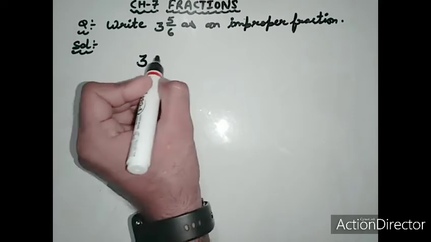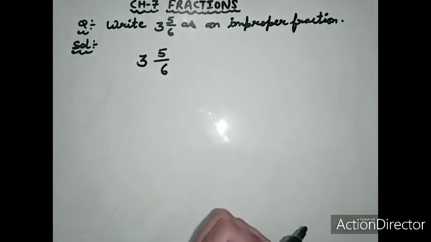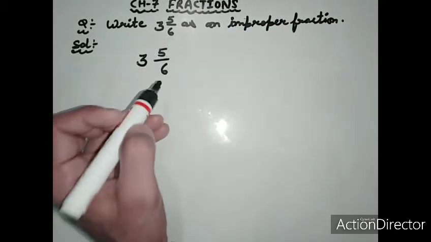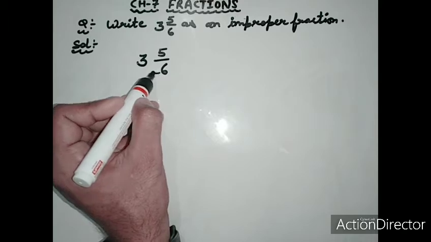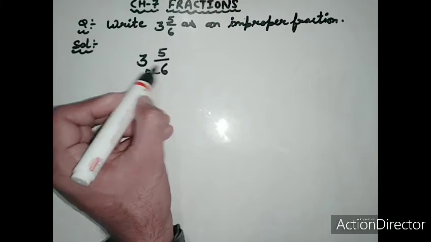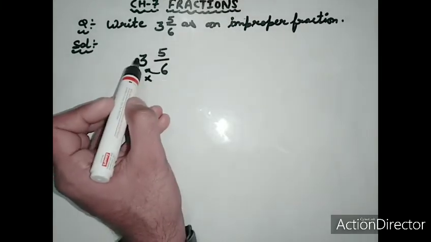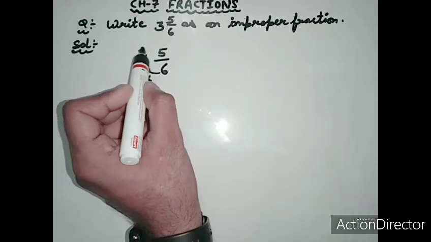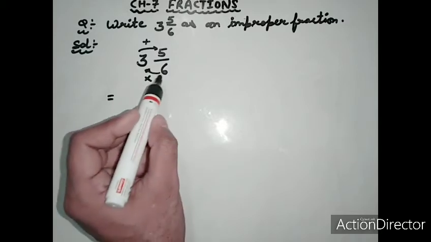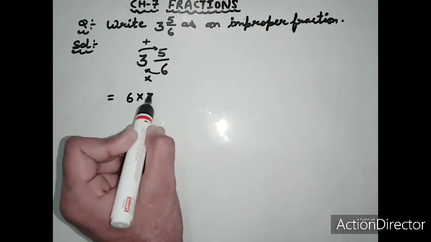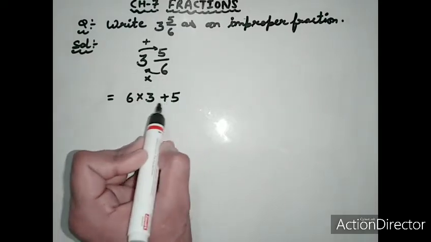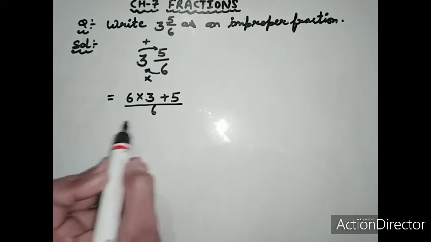If we have 3 whole 5 upon 6 and want to write this mixed number as an improper fraction, we multiply 6 with 3, and add the product of 6 and 3 to 5, and we write 6 as the denominator.